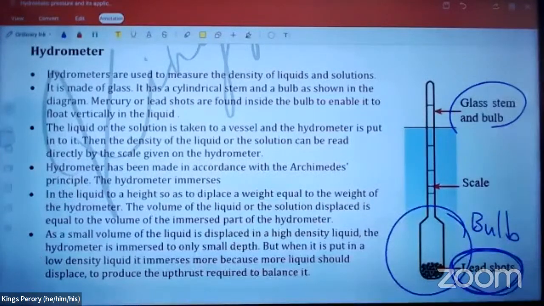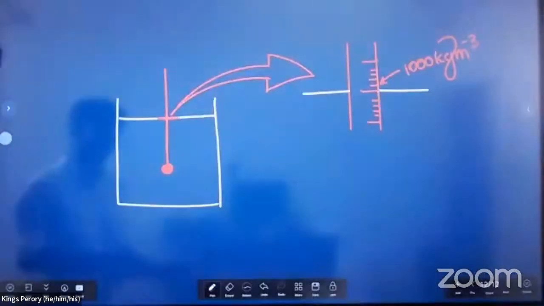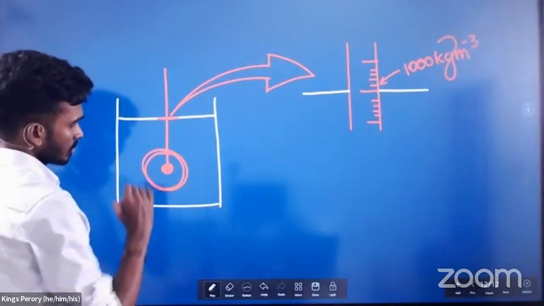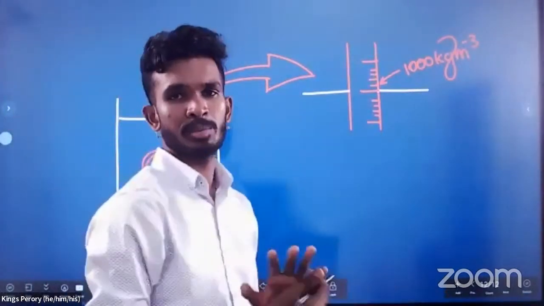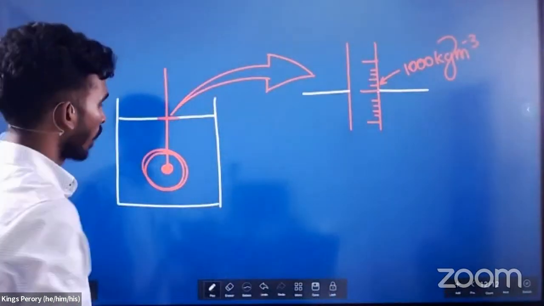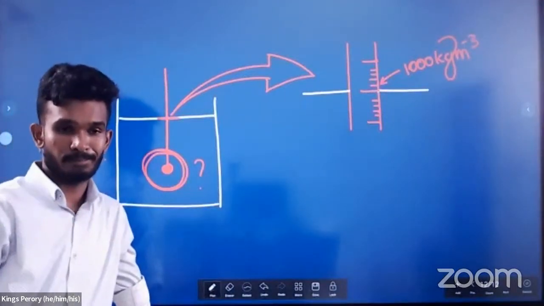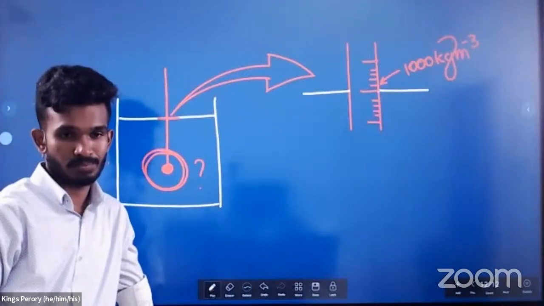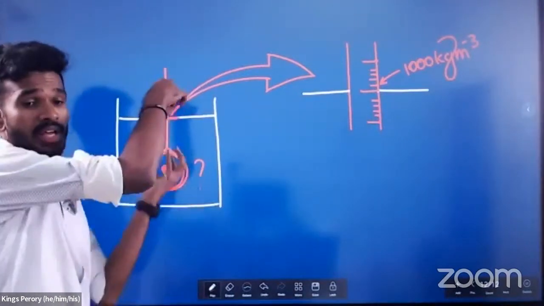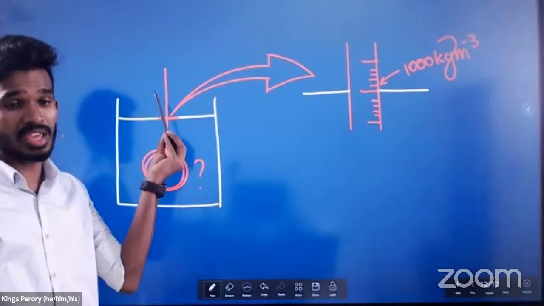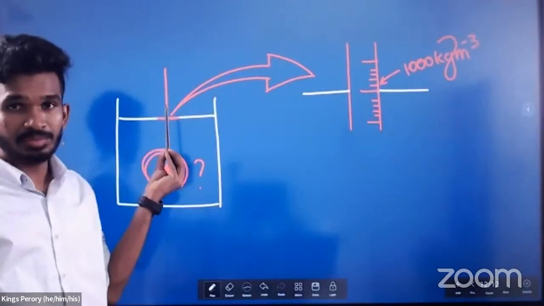Now, I told you, what is there inside the bulb here? Usually lead shot. Sometimes they even put mercury. Why do they put lead shot here? To float vertically. When the bottom is heavy, it can float vertically.